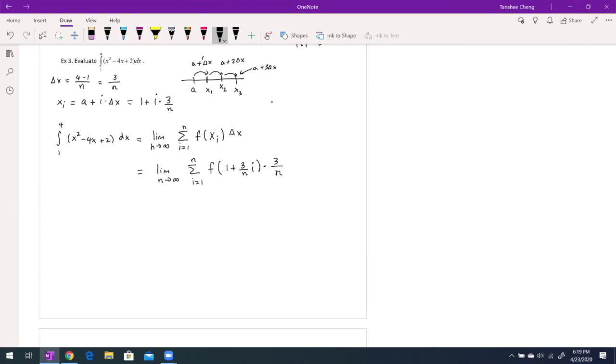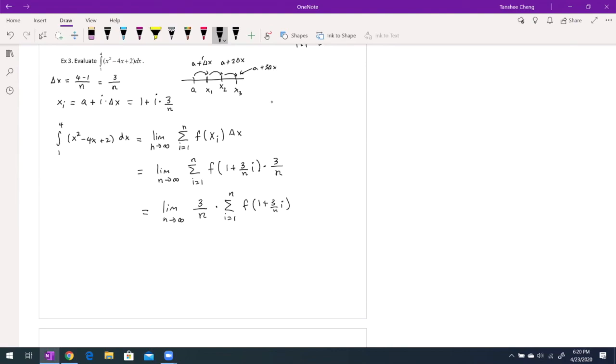So 3 over n, as usual, we will consider as a constant. You remember the delta x is a constant from before. So I can basically use the summation formula to factor that out: 3 over n times the summation of i equal to 1 to n of f of 1 plus 3 over n i.